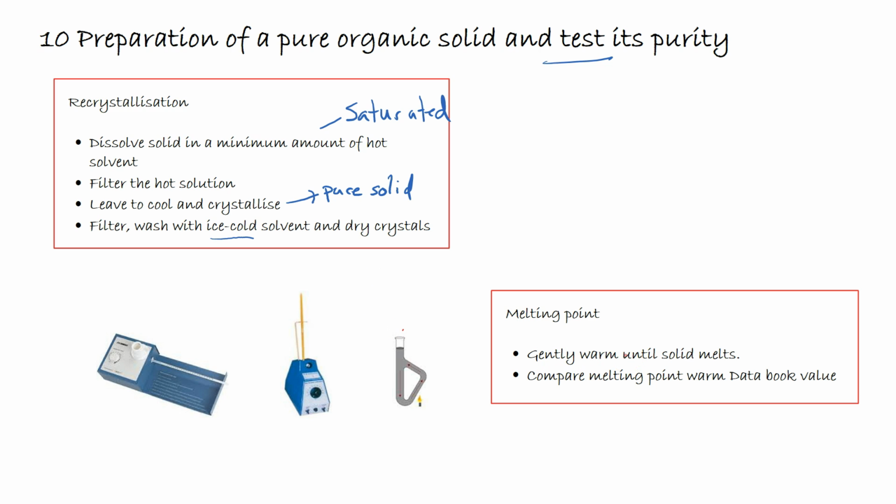You then gently warm the heating mantle or the oil so that the organic crystal starts to warm up, and eventually the solid melts. Once the solid melts, you can compare the melting point with the data book value.